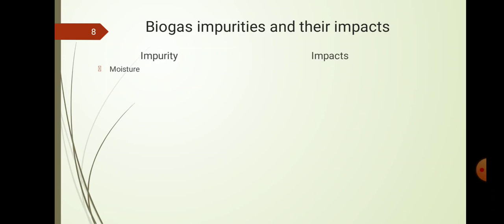So the first one is moisture. If moisture is present, it will result in corrosion of compressors. The biogas will be compressed in a compressor, so it will result in corrosion of compressors and the engine, because moisture reacts with hydrogen sulfide, ammonia, carbon dioxide, etc. in the biogas to form acids. So we have to eliminate the moisture also.